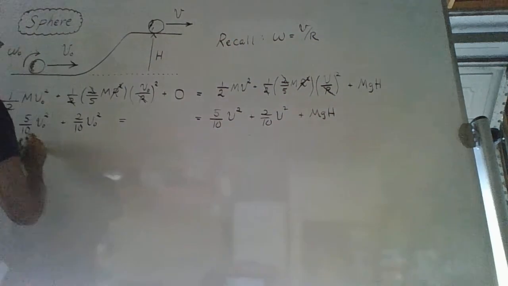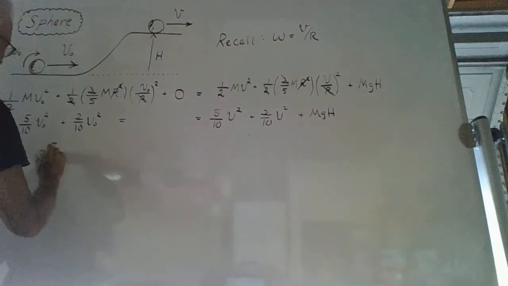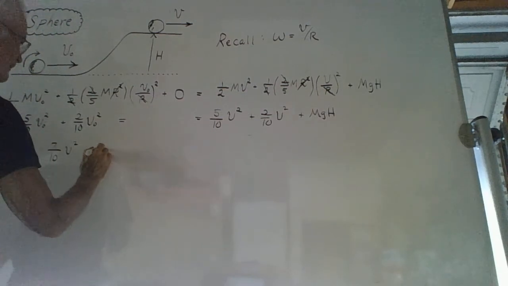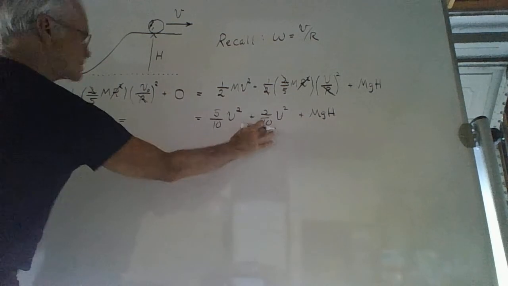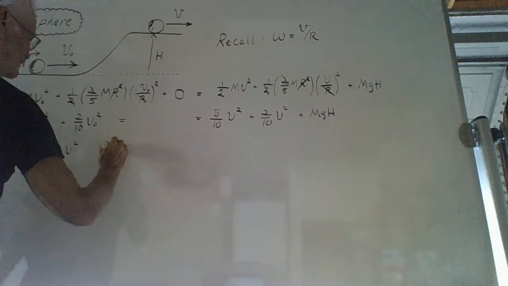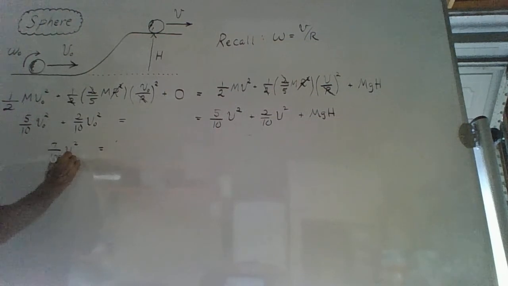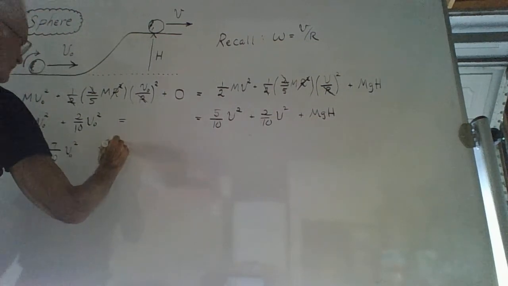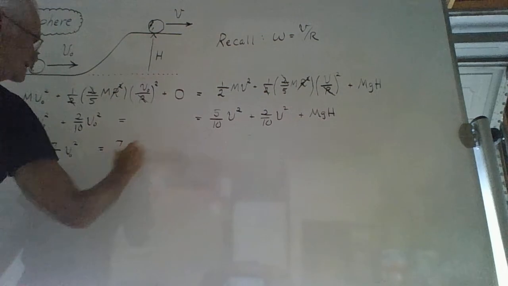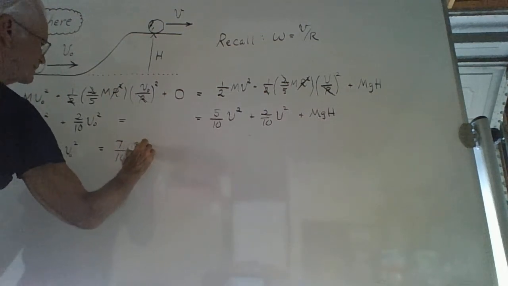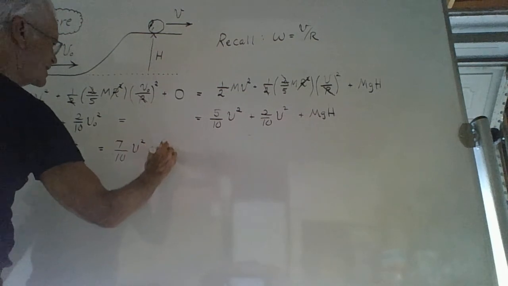These two combine to give 7/10 v naught squared, and over here we've got 7/10 v squared plus mgh.